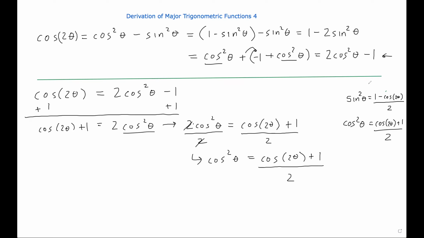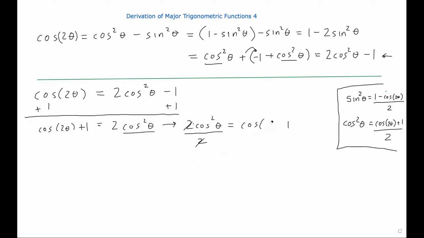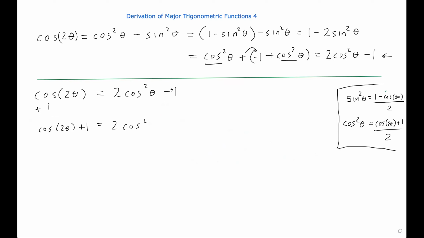Okay, we're going to use these to find the half angle formulas, which we can do right now. Note that in the half angle formulas, the sine and cosine on the left aren't squared. So we're going to square both sides.